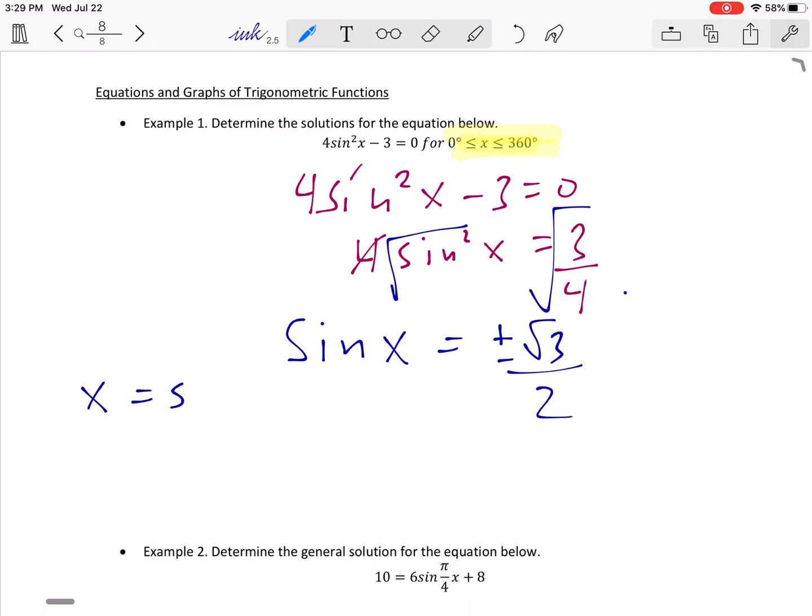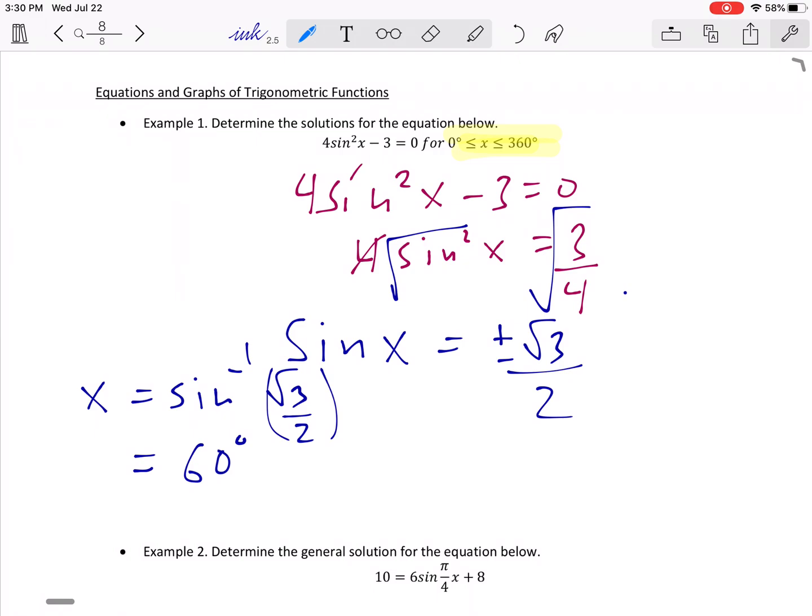So for positive root 3 over 2, we take the inverse of that, and that's going to equal 60 degrees. Remember, when you're talking about sine, we're talking about opposite over hypotenuse, and your opposite is a y value.